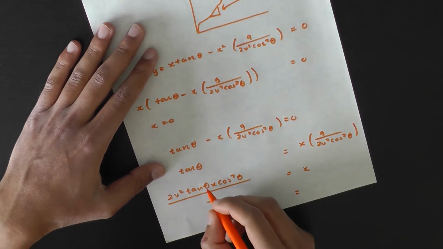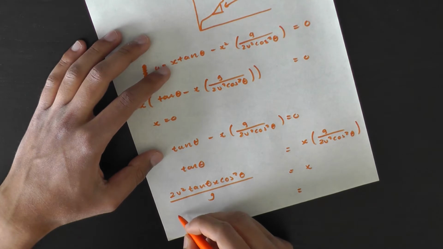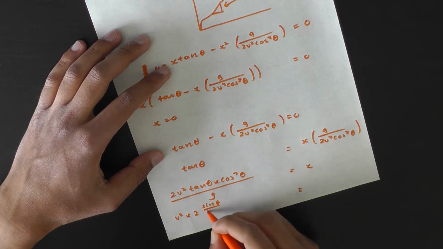Tan theta is sin theta over cos theta, so we can cancel out one of the cosines. Let me just show you.